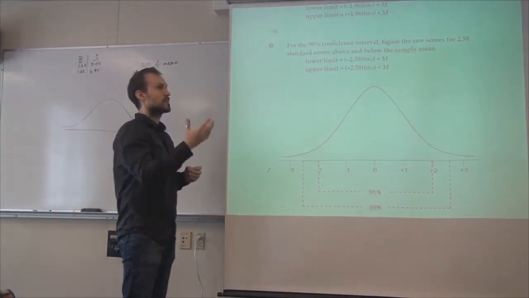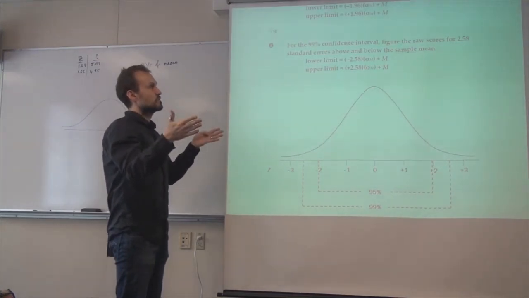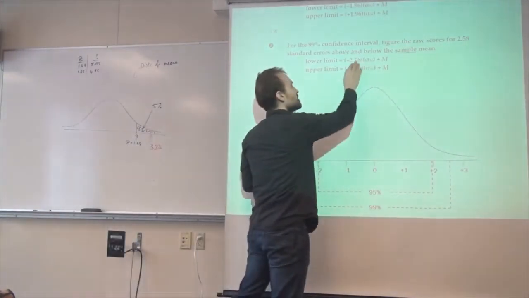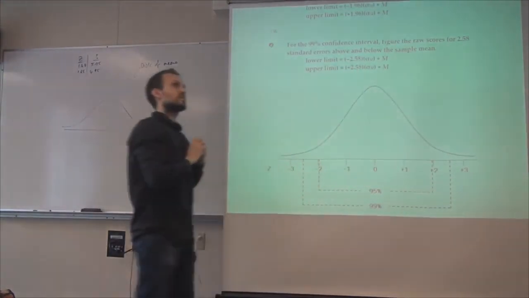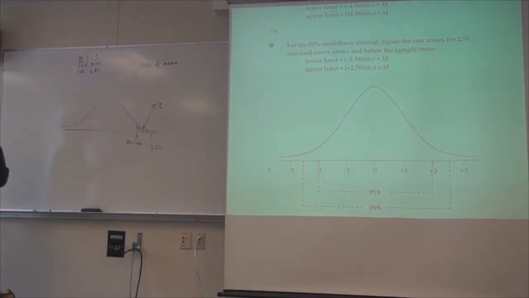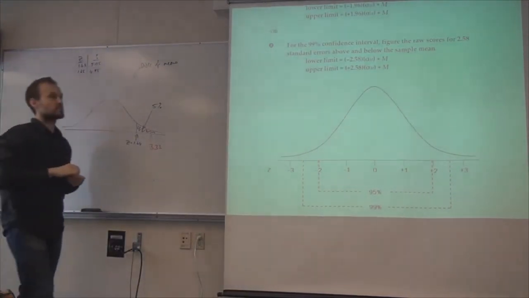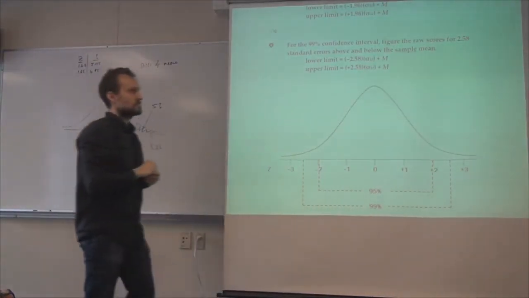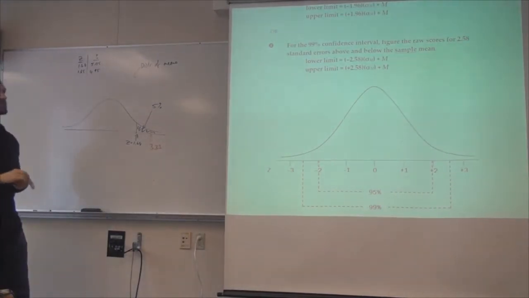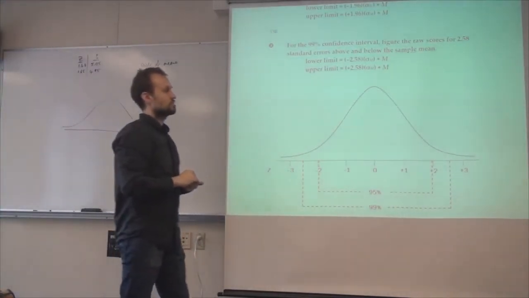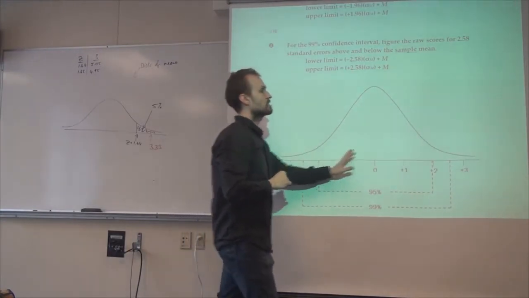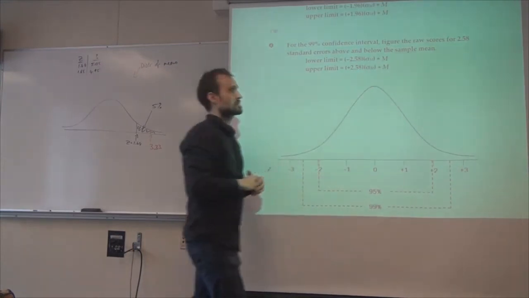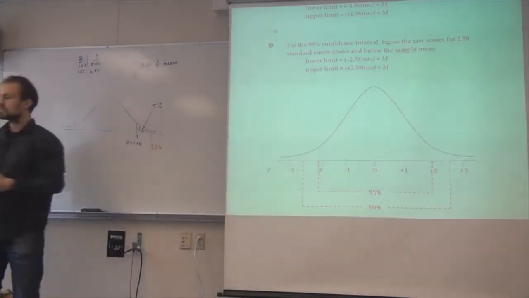So I'm going to use my sample and give myself a little bit of room, up and down a little distance, and I'm fairly certain that I've captured the actual mean in that interval. I can't say that the actual mean is the same as my sample mean, because this is just one example. It might be very close to my sample mean, but it might not. I want to give myself a little bit of room.